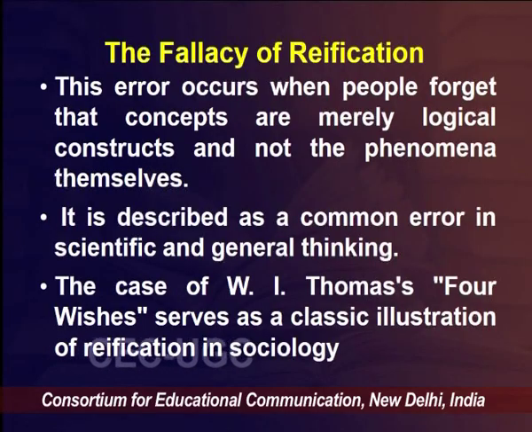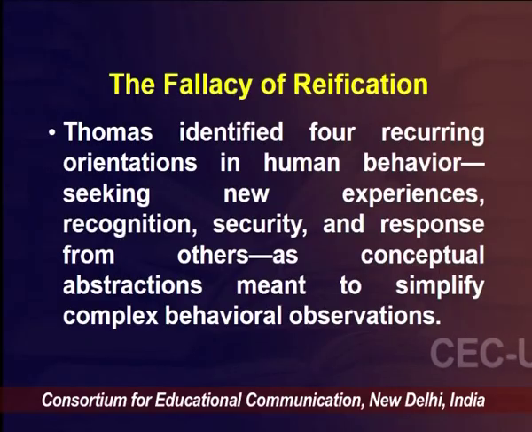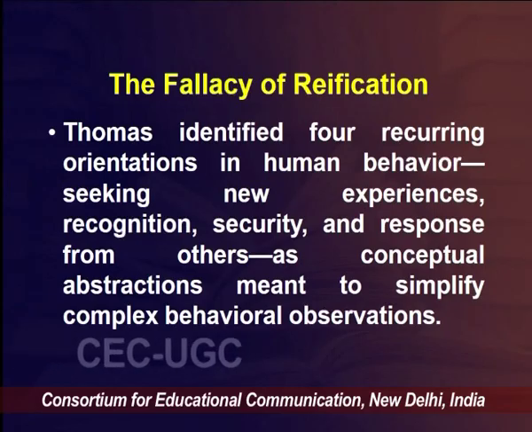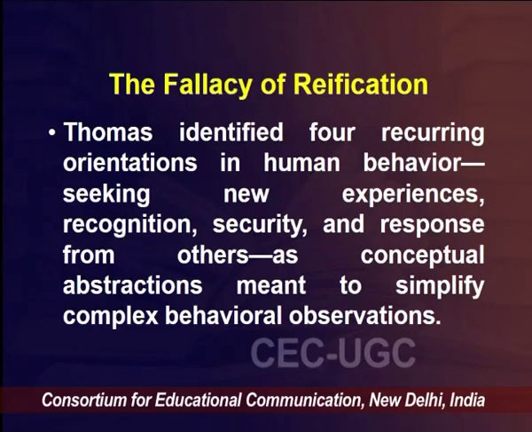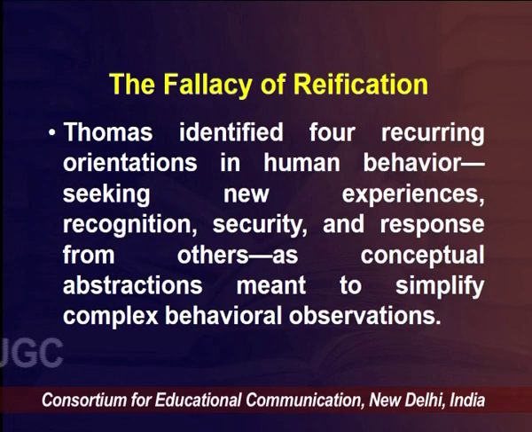The case of W.I. Thomas, four wishes, serves as a classical illustration of reification in sociology. Thomas identified four recurring orientations in human behavior: seeking new experiences, recognition, security, and response from others. Now, these four would be the conceptual abstraction meant to simplify complex behavioral observation.